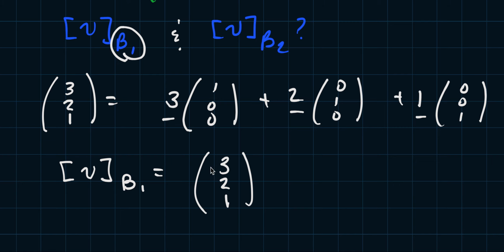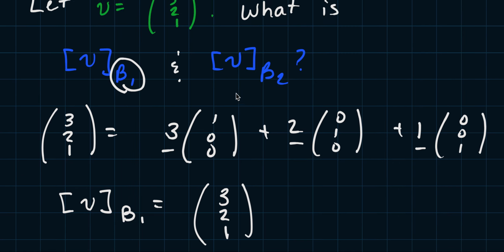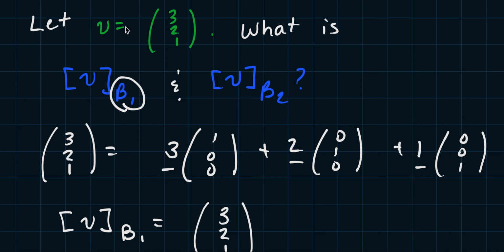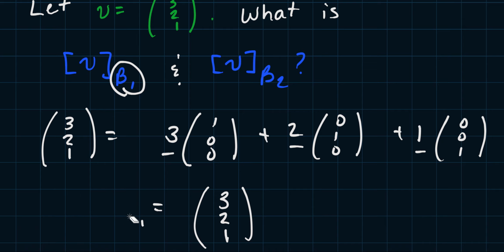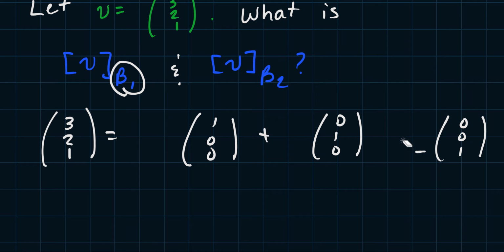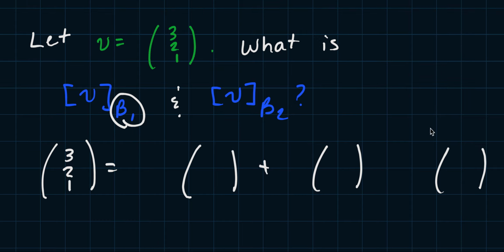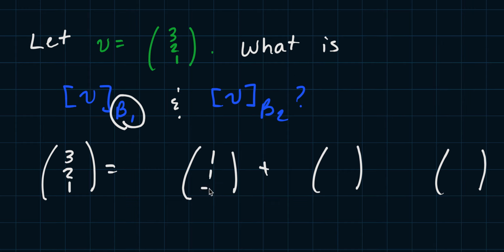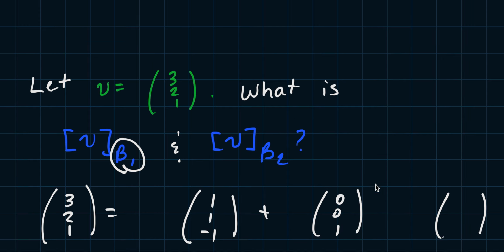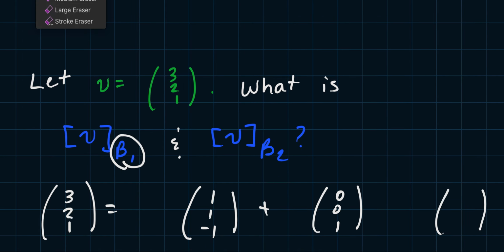Okay, now let's try to write the vector V, find its coefficient matrix in terms of the other basis. So I'm going to erase this, but the idea is still the same. I'm going to put my three basis vectors here. 1, 1, negative 1. 1, 0, 0.